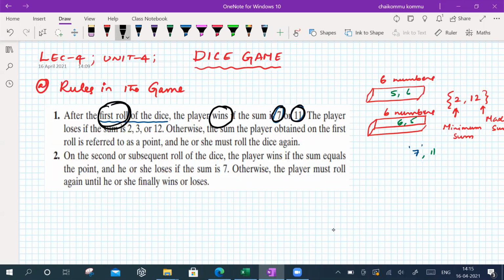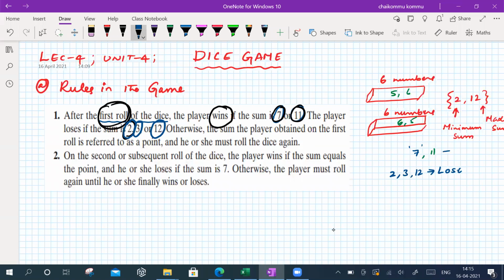Clear? At the same time, if the first time you roll you do not get 7 or 11, for example the sum is 2, or the sum is 3, or the sum is 12, then you will lose the game. So if it is 2, 3, or 12, you automatically lose the game.